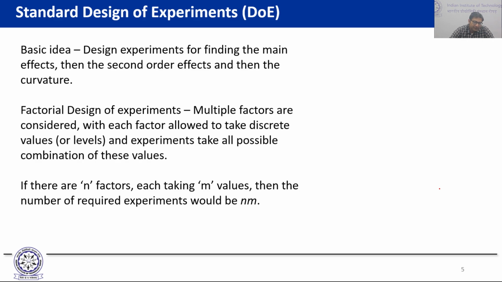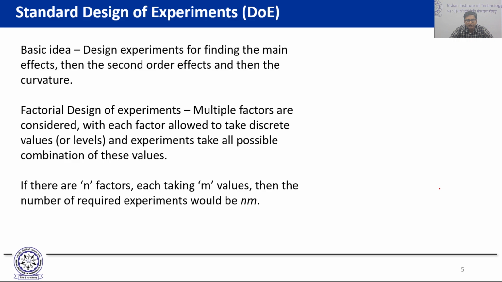After that, there is another approach, and this is a fairly standard approach for those of you who are coming from an engineering background. This is what we call the statistical design of experiments. So the basic idea underlying the statistical design of experiments is fairly simple. You want to design experiments for finding what the main effects are, and then you want to do a second layer of experimentation which will reveal the second order effects.